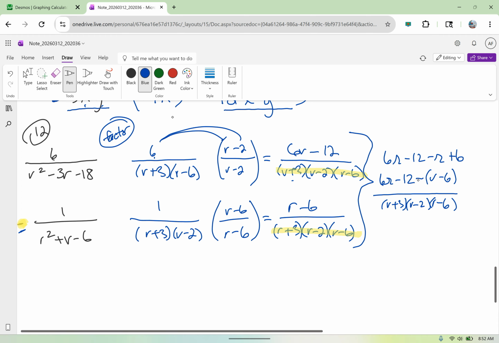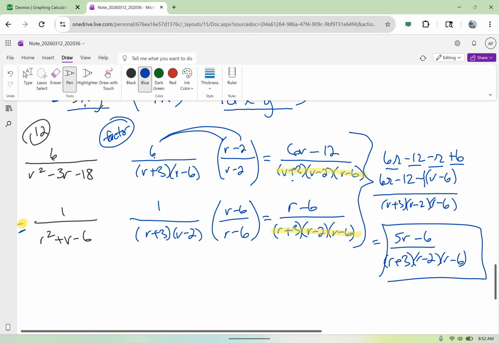When I flip the signs, basically there's an invisible 1 right here. So it's -1 times r, -1 times -6. That becomes this. Combine like terms for my final answer. And my final answer is 5r. 6r minus r is 5r. -12 plus 6 is going to be -6. And that is a correct answer.